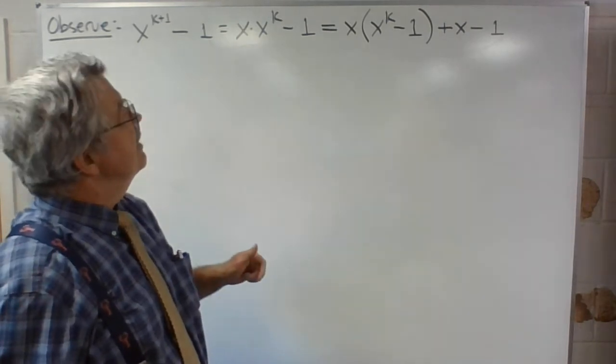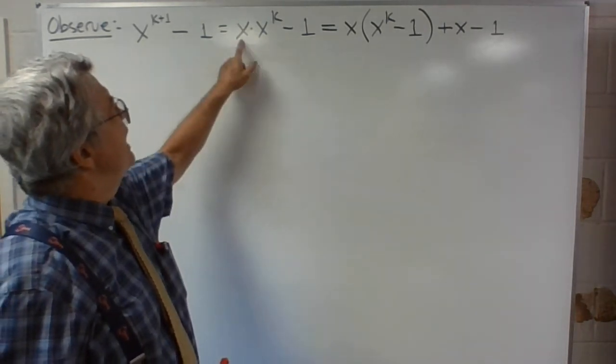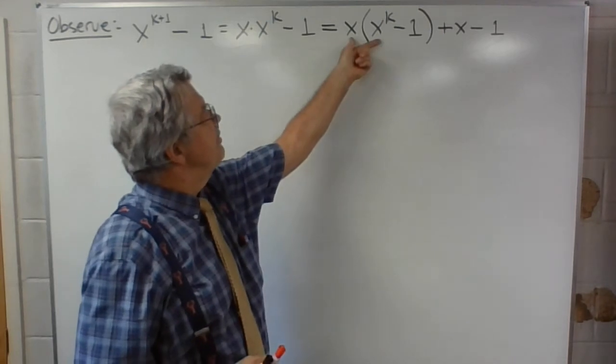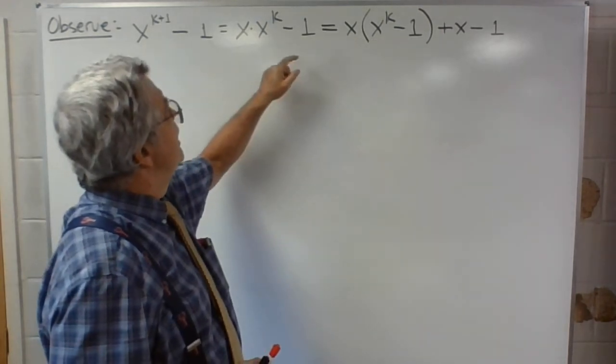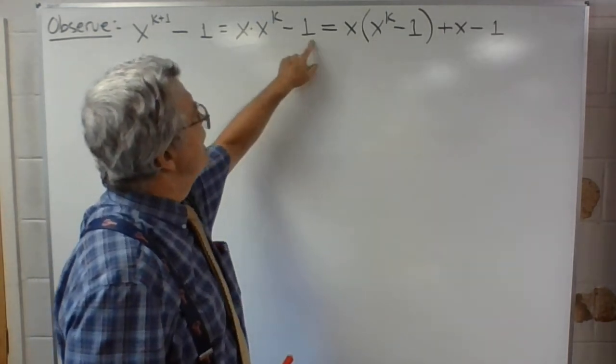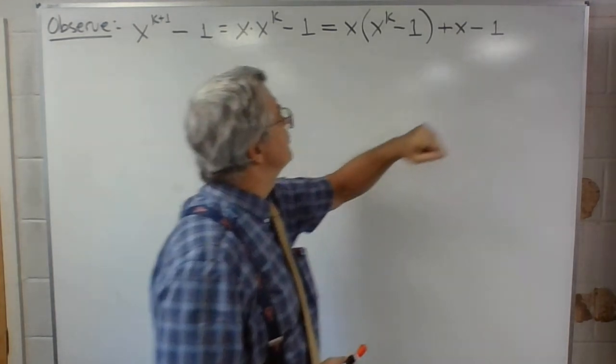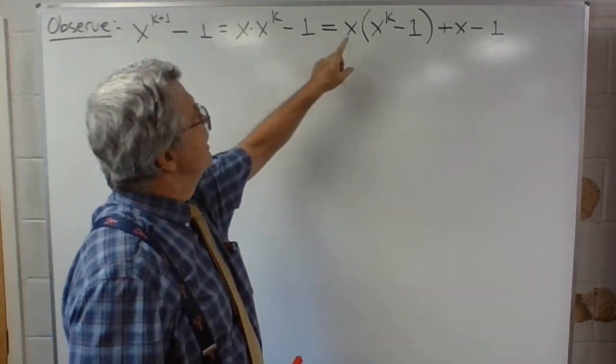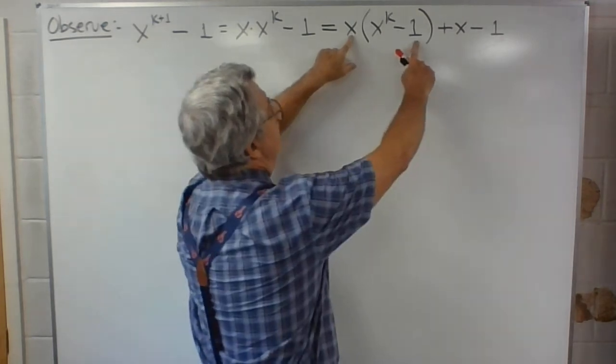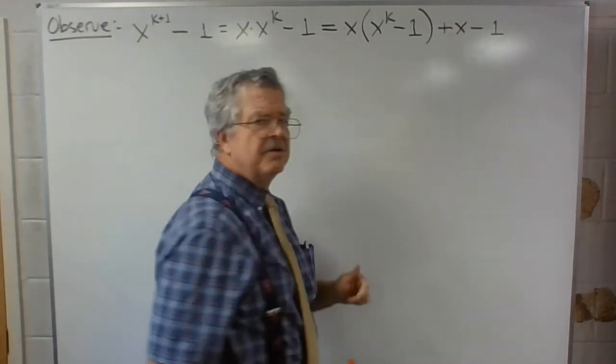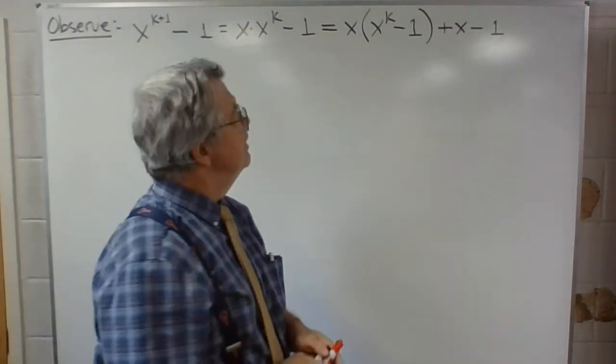Now let's see if what I've done is mathematically sound. x times x^k, I got that. And then I have minus 1, that's this thing. And let's see, I have minus x and plus x is 0. Yeah.